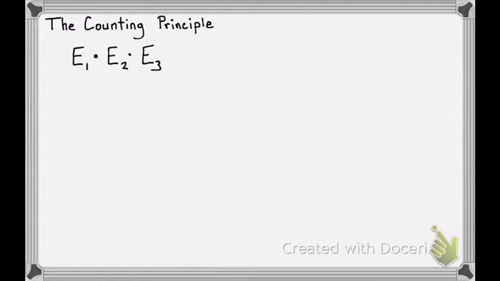The counting principle allows us to multiply the number of ways that one event can happen, and that will tell us the number of ways that an entire thing can occur. I know it sounds confusing, but let's take a look at an example first.